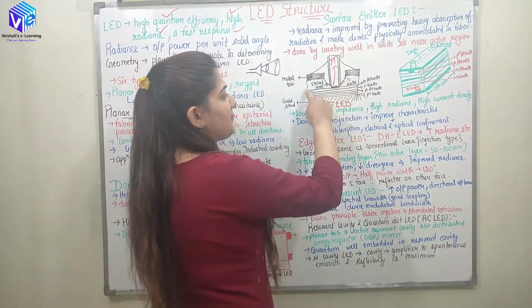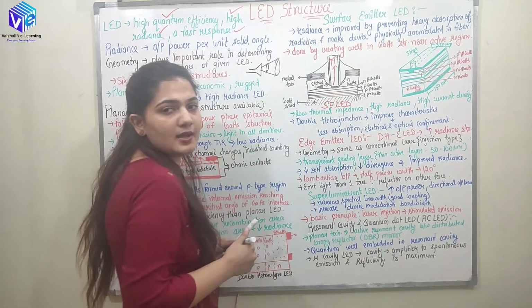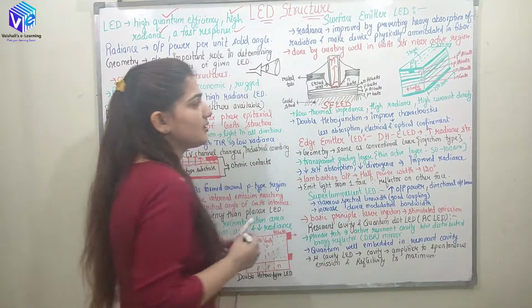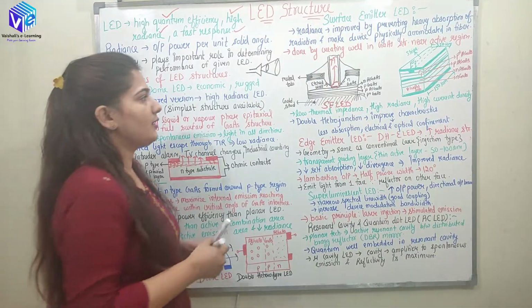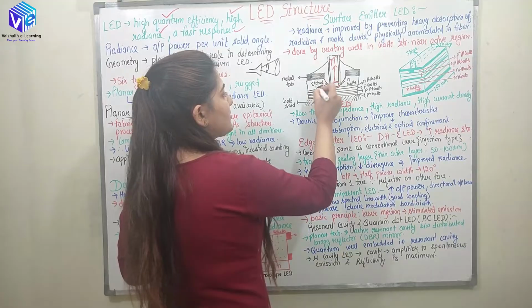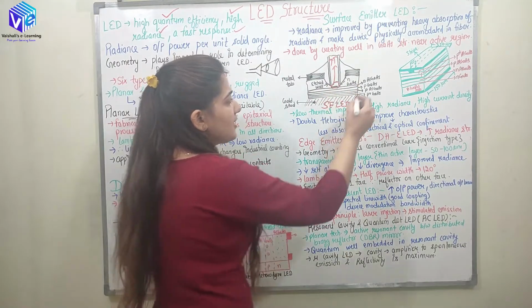This is my n-type gallium arsenide structure, and this is my etched wall. Over the surface I will be having the active region. Here we will be having the metal tab, this is my etched wall, and this is the gold stud. And what are all of these things?